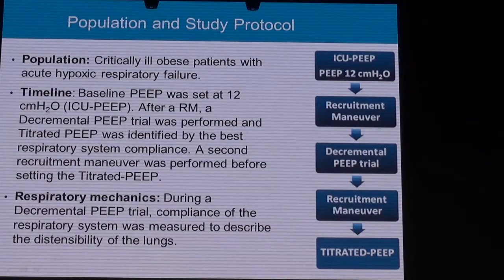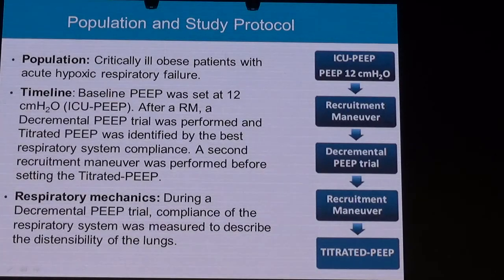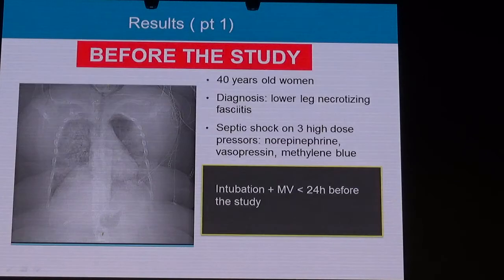So what we did was first start at a level of PEEP that was considered standard in the ICU. These were average PEEP levels, between 10 and 14. Patients were given a recruitment maneuver by pressure control ventilation, then a decremental PEEP trial, and then again we re-recruited the lungs and left them at the titrated PEEP.